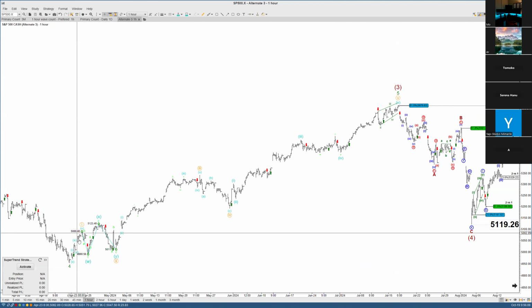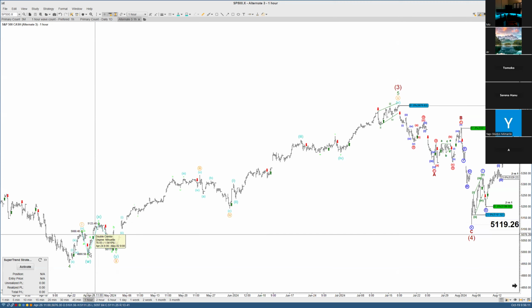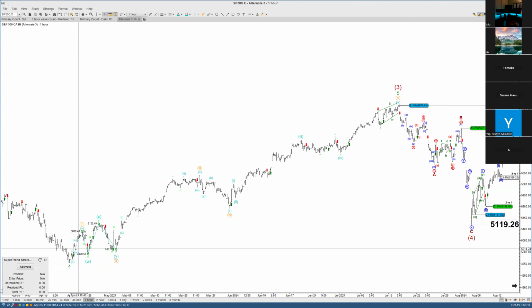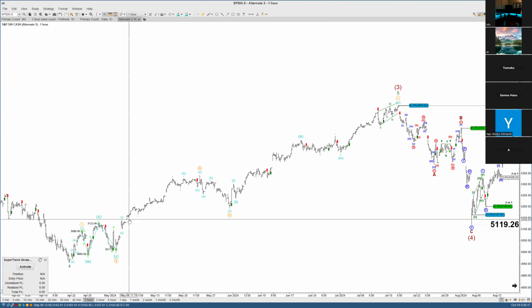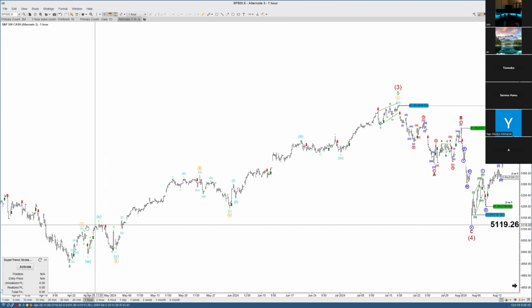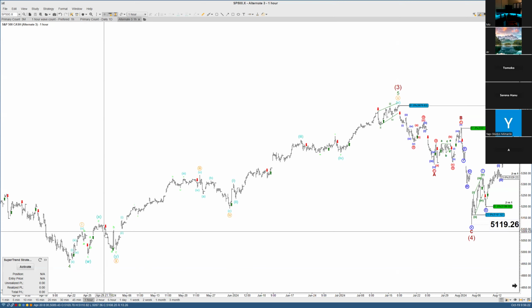This one, I don't really like the look of this. It looks crazy compared to this, but there's no other way to count it. I cannot put one here that makes it a three-wave move. But the point is, that's the low, and a higher low. This is good, because you didn't make a new low. So you can make this work as long as the price doesn't take out the previous low and then takes out this high.